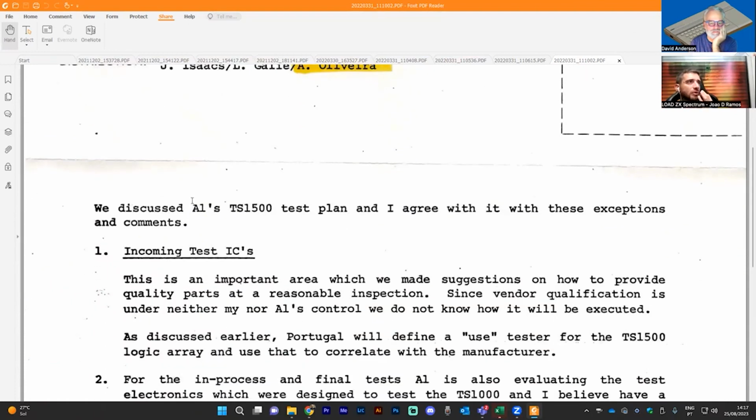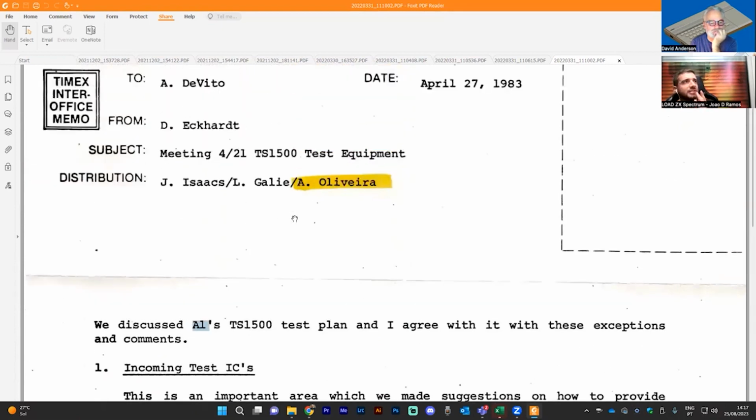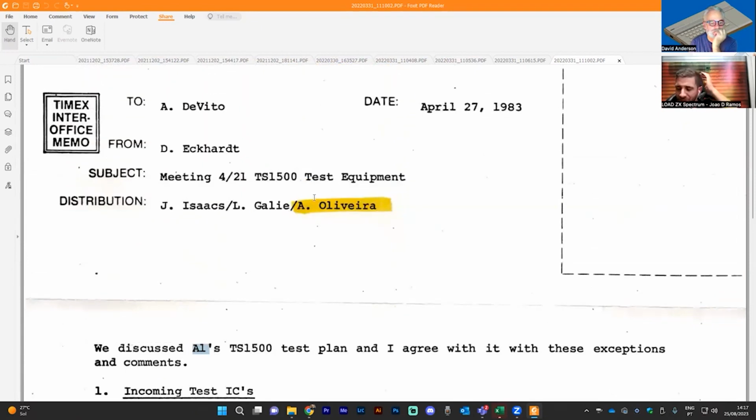Now, I would love to know who this Al is. I'm just saying this because I think there are two Als in Timex. One could be Álvaro Oliveira because the two initial letters are Al, A-L. And my friend Bruno remembers that Lou Gailey talked a lot about a certain Al.